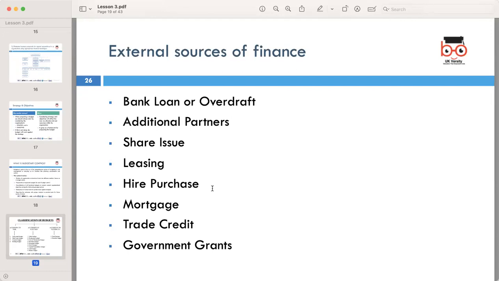This can help with cash flow management by providing short-term financing. Then the last one is government grants. Some businesses may qualify for grants provided by governments or other public institutions. These grants can be used to fund specific projects or initiatives.